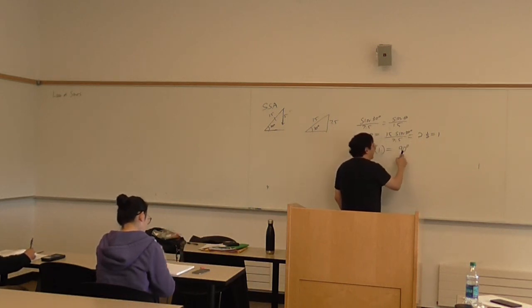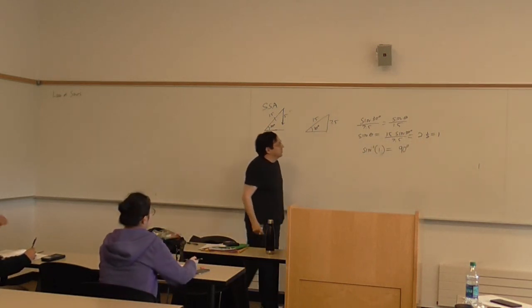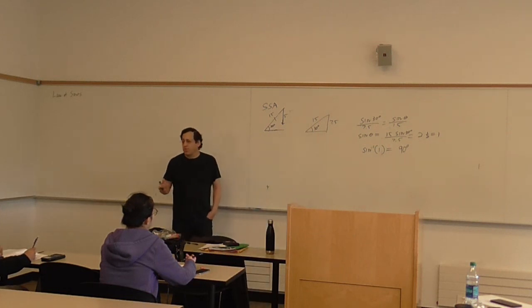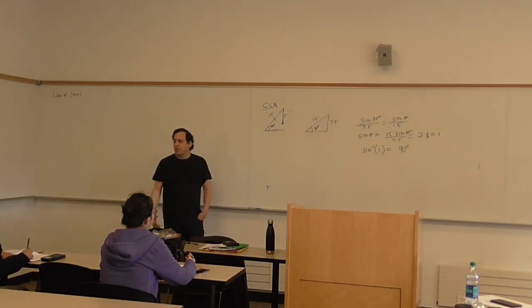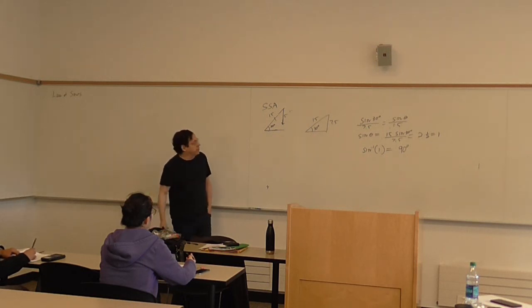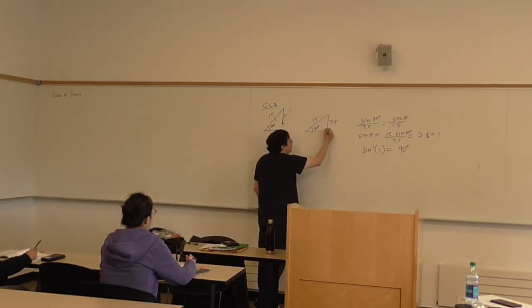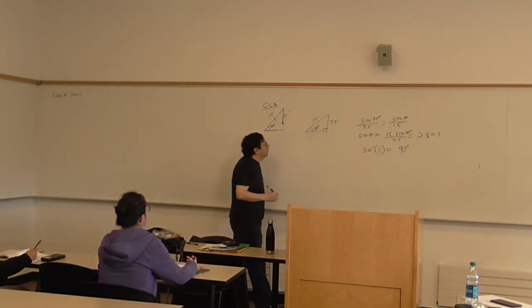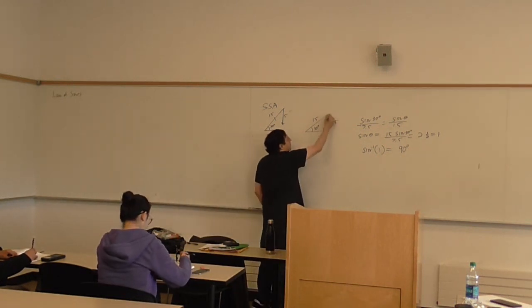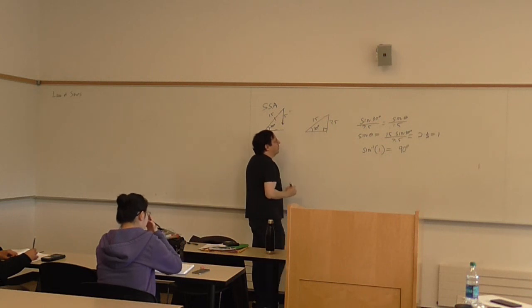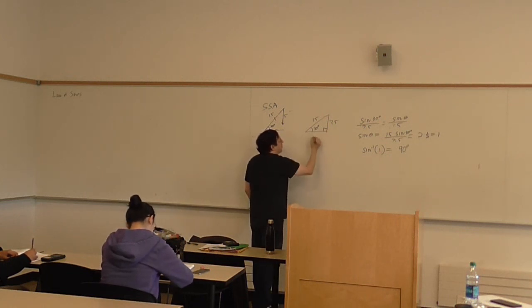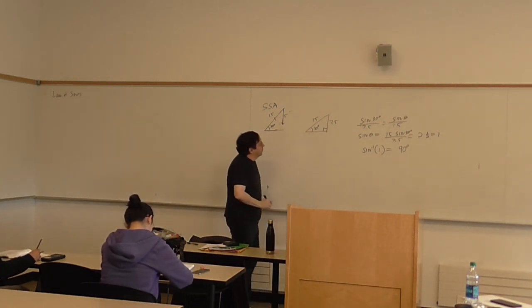Now before, we saw that if we have a solution, its supplement could also be a solution. What's the supplement of 90 degrees? 90 degrees, right. So there's just one solution, this is a right triangle. The length of this second side is just long enough to come down and hit the third side.